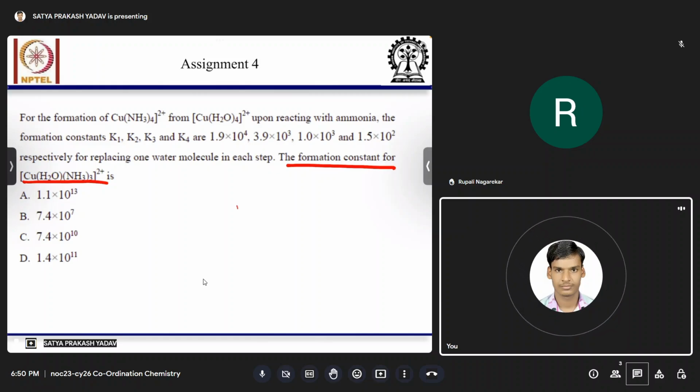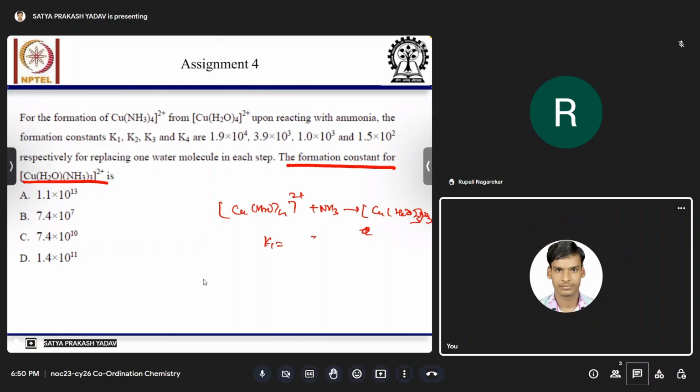So we can write [Cu(H2O)4]2+ plus 1 ammonia equals [Cu(NH3)(H2O)3]2+ and H2O. Right, this is your K1.